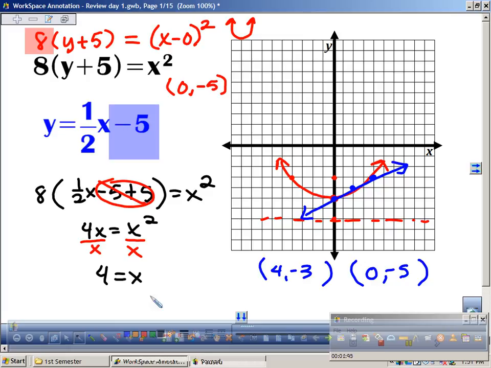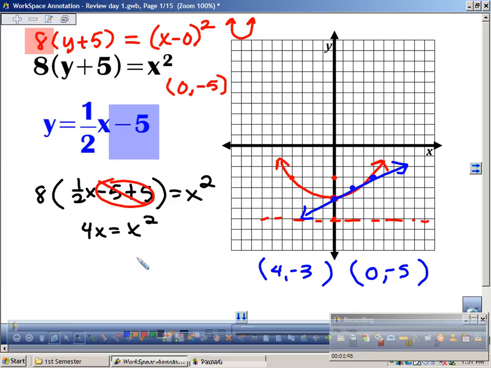I lost the 0. Well, the reason that you don't divide by a variable is because sometimes it is 0, which it is. And if I divide by 0, oh, we don't do that, right? It becomes undefined, right? All right. So I don't want to do that.